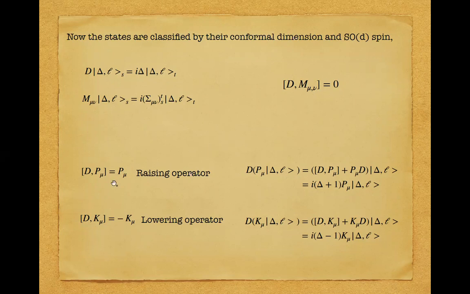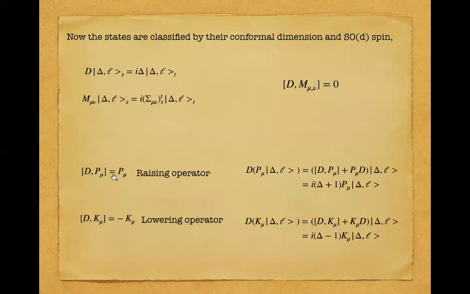And one can see that yes. The D commutator with delta, L, that changes the state, or is it a typo? Oh, no. That's a typo. That will be the same as here on the left. Also, the D, P mu commutator was minus i P mu.